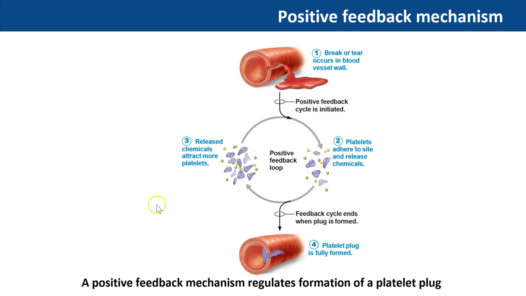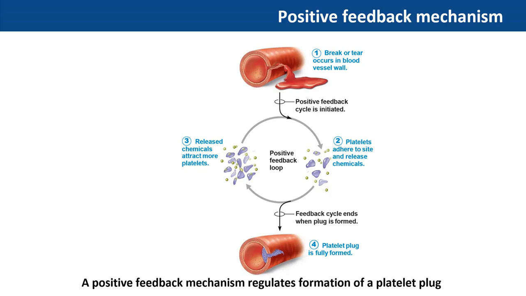Let's look at this picture. In this picture, you can see a great example of a positive feedback mechanism in our body, which is the formation of platelet plaque, or blood clotting.